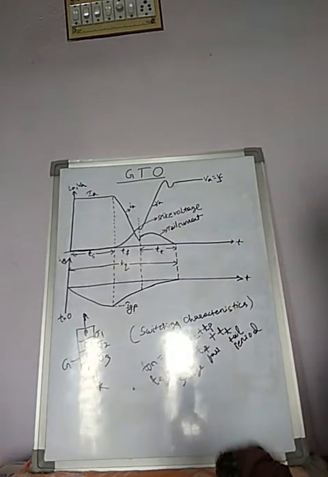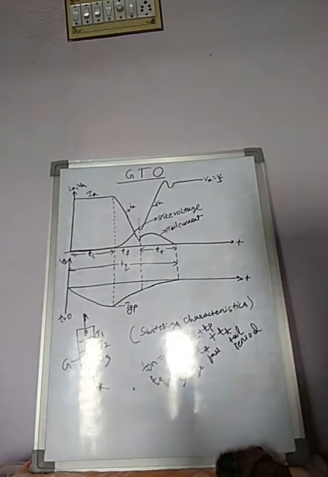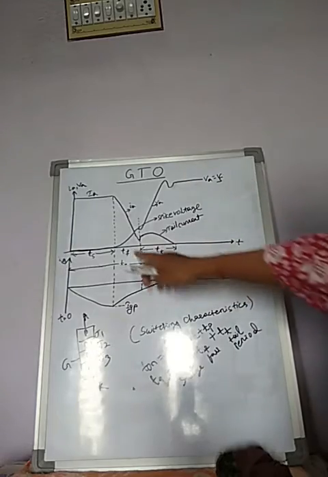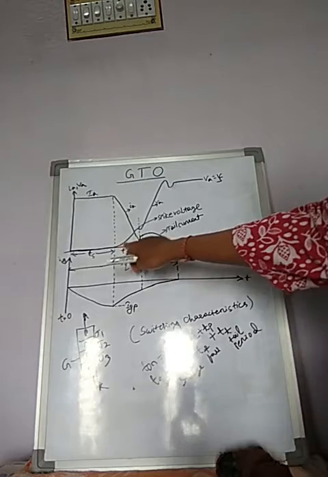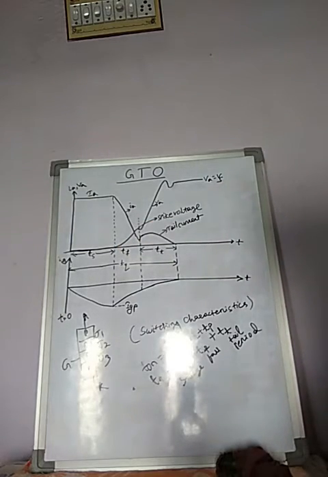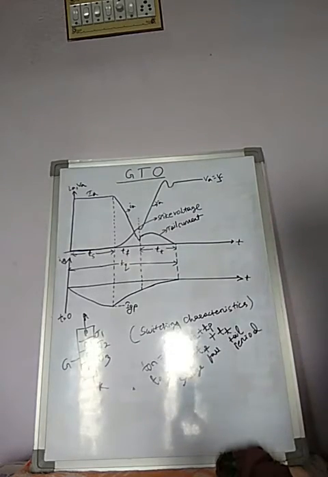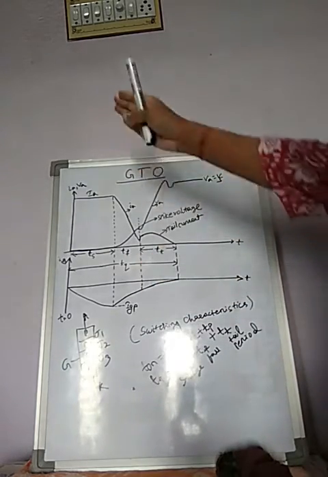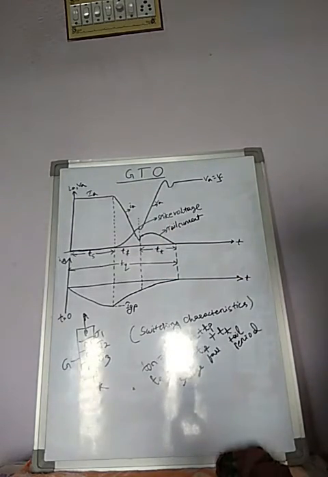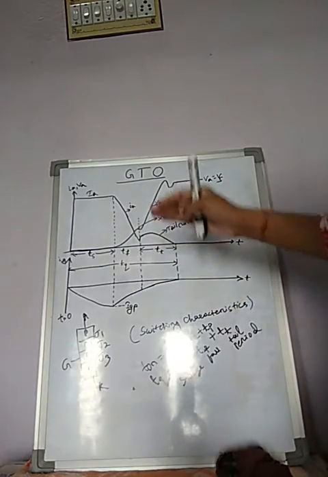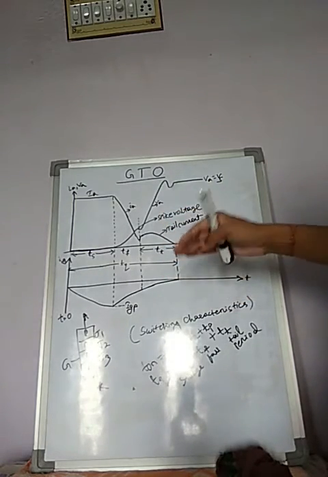Okay, so after TS, what happens? After TS, anode current begins to fall and anode voltage begins to rise. The anode current falls to a certain value and then abruptly changes its rate of fall.